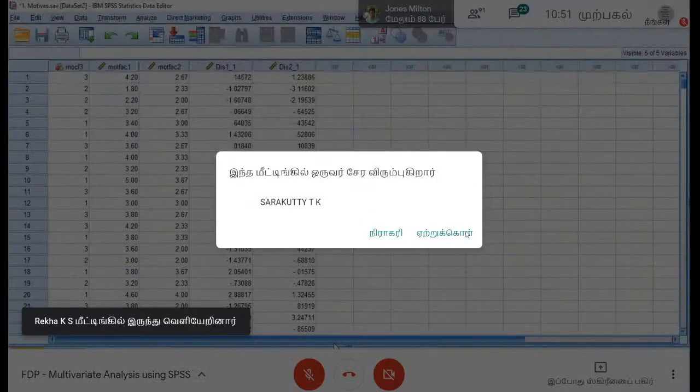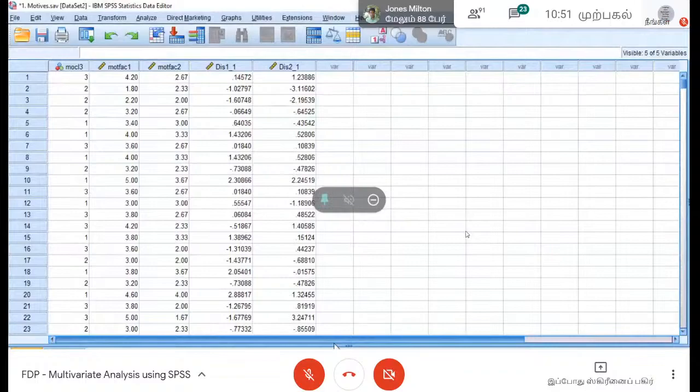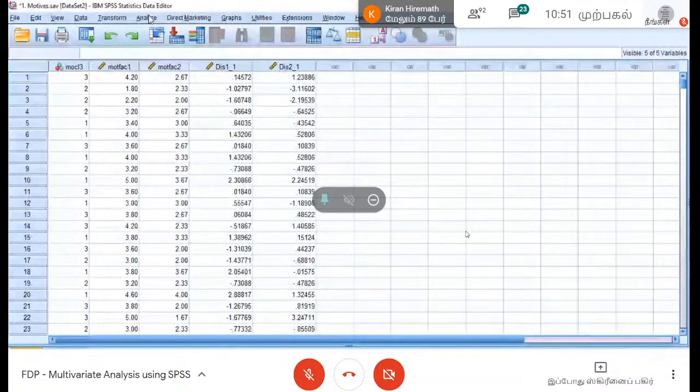Now discriminant function 1, I'm going to run a regression. This regression is not necessary, I'm just teaching. The discriminant function score, y, is the predicted value by using that function. Now I should get a similar equation.